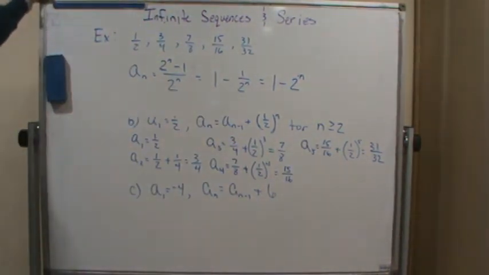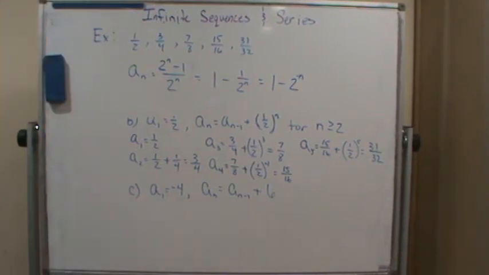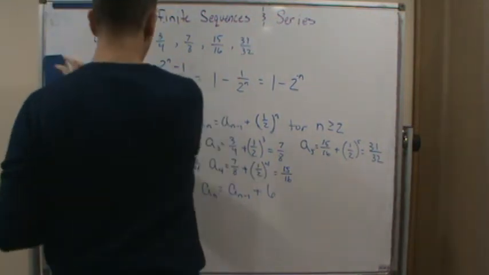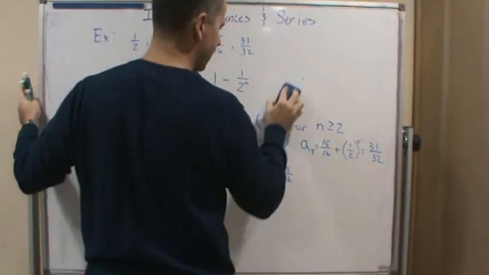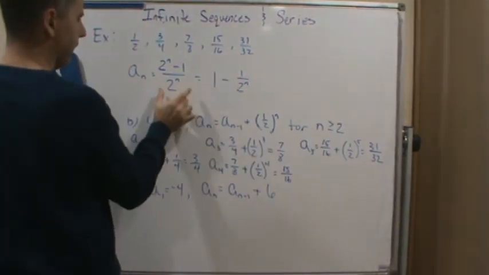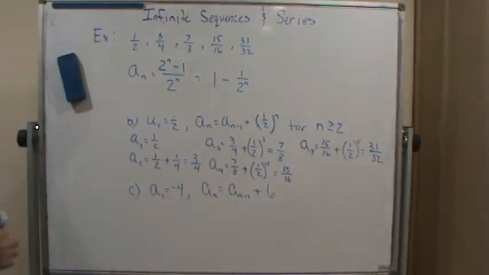That'll work too. Okay, but typically we don't write it this way. So let's not do this. So either this way or this way would be fine. Okay, now what about the last one?